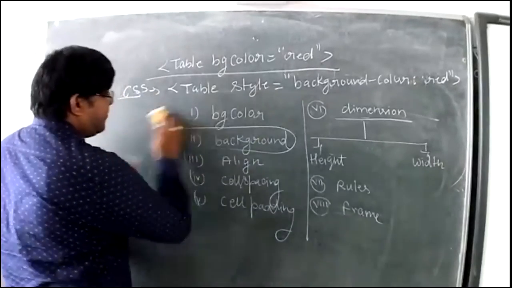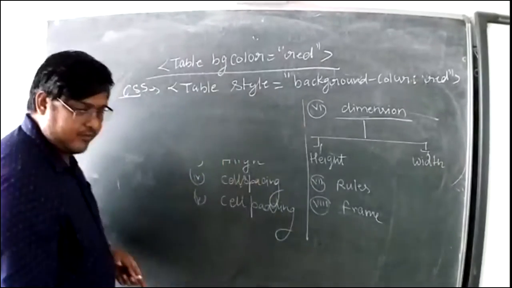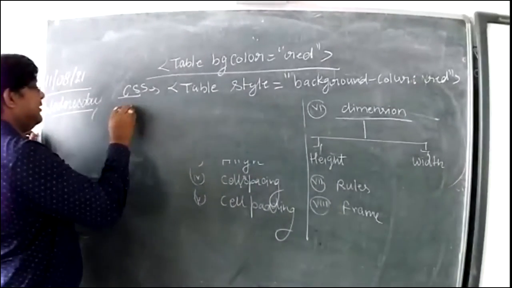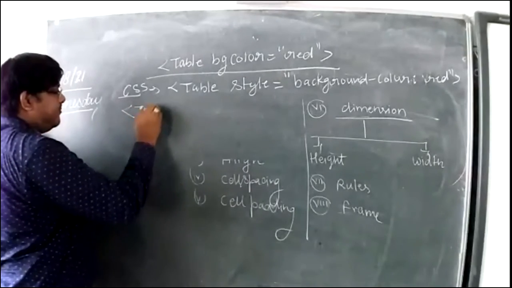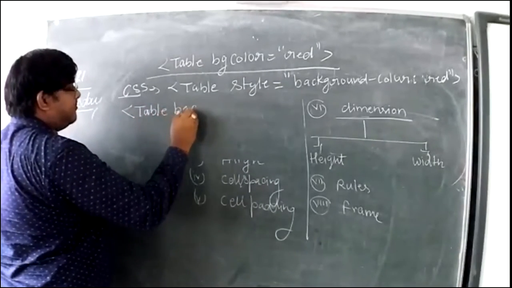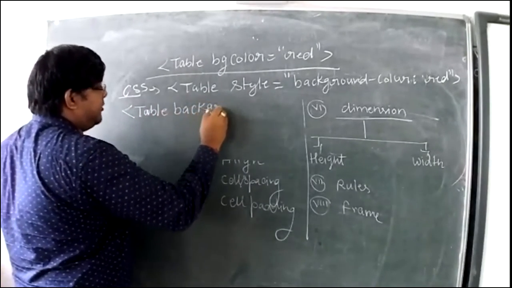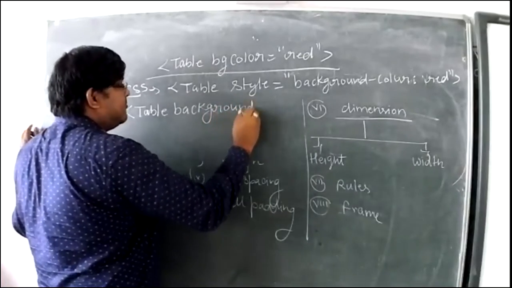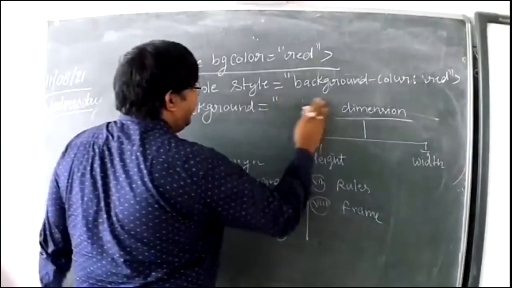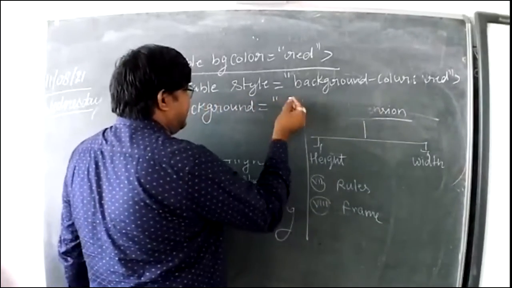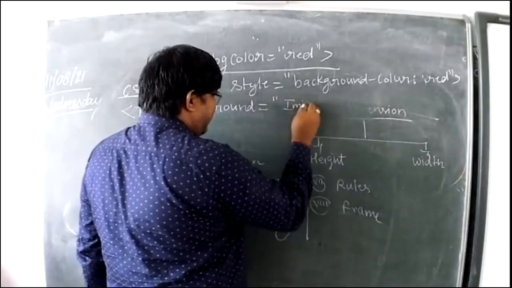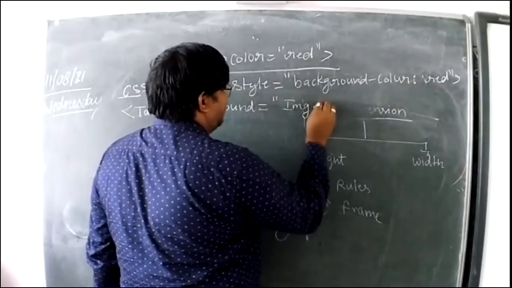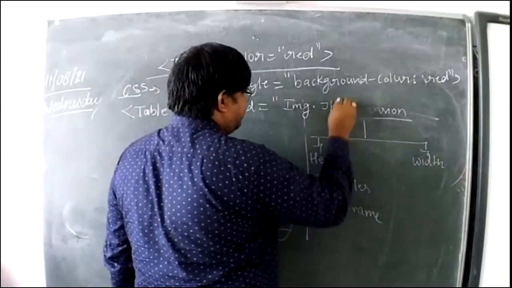What is the syntax of this? Look here. Table background is equal to name of image with extension. Suppose I have an image, and that name is image.jpg.